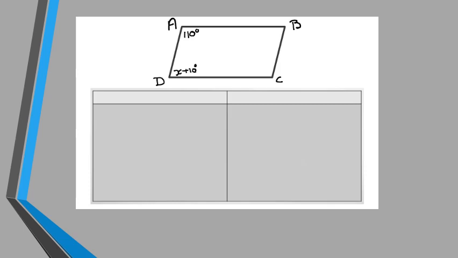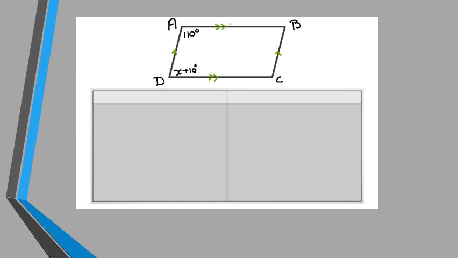Now, guys, let's first look at the properties of this parallelogram, the quadrilateral. I know first that the opposite sides of a parallelogram must be parallel. That's the symbol. Therefore, that side is also parallel.